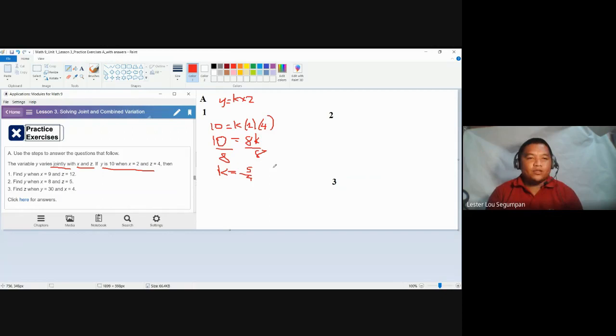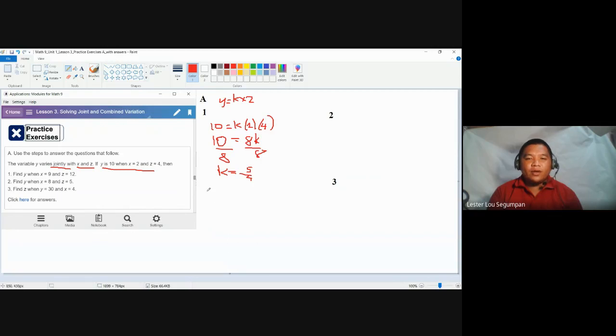Okay? So to solve for number one, find y. So we are asked to find y when x is 9 and z is 12. So we have here k, which is 5/4 times 9 as your x and z as 12.